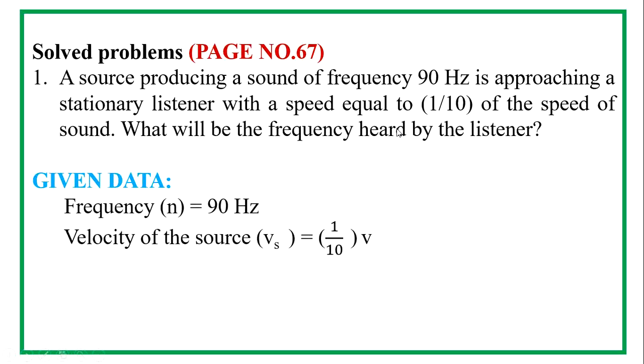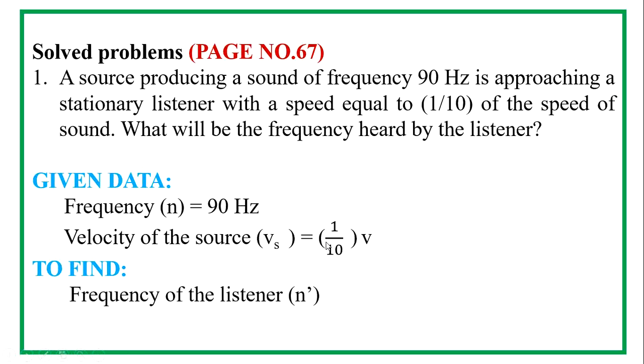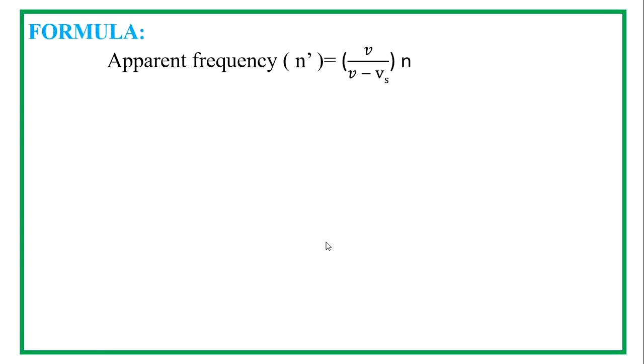Given data, frequency n is equal to 90 Hz, velocity of the source Vs is equal to 1 by 10 V. We have to find the frequency of the listener n dash. Formula: apparent frequency n dash is equal to V by V minus Vs into n.